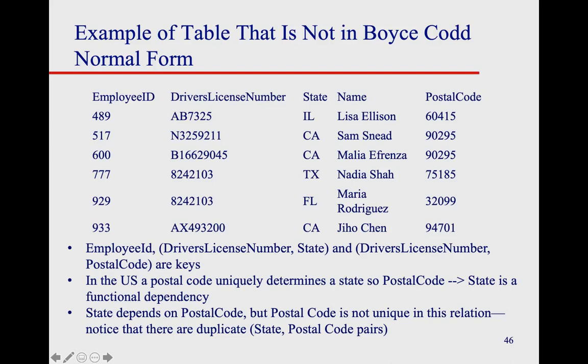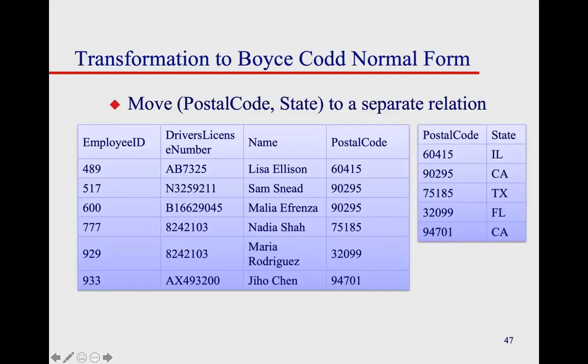So in that case, we can use this dependency of postal code determines state to further decompose the relations. So we can move the postal code and state out of the original relation and into a new relation.